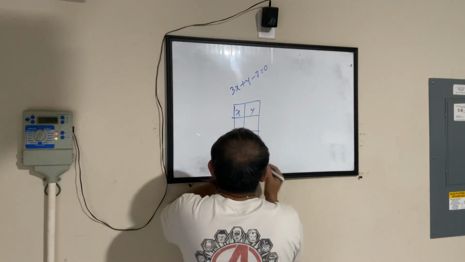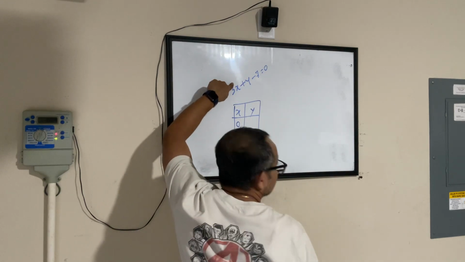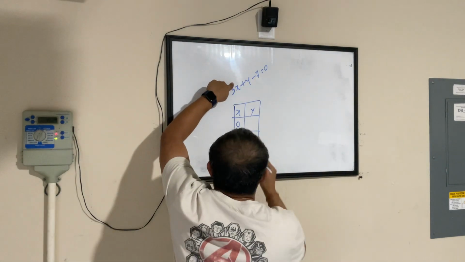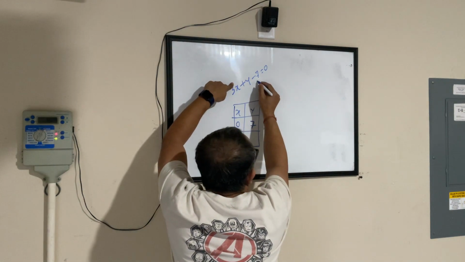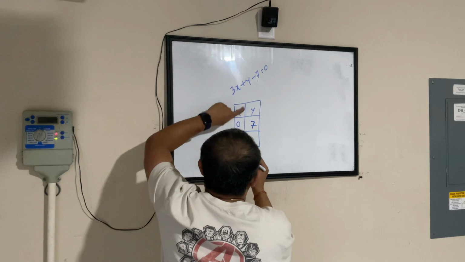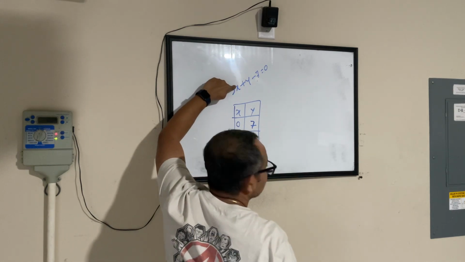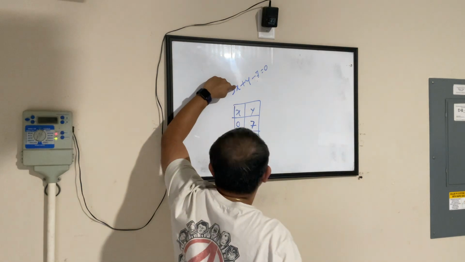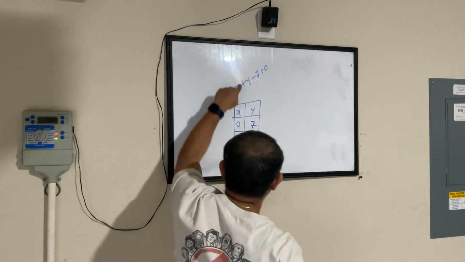X, y. When x is 0, how much is y? X is 0, y is 7. This is 7. Oh my bad. When y is 0, how much is x? 7 over 3. Now look at this.